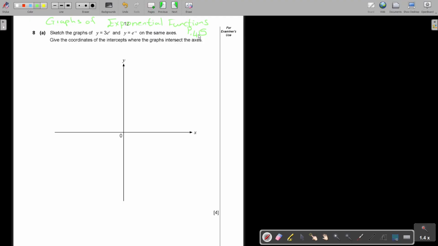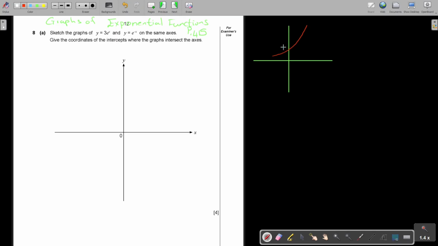There on top is a very nice sketch, and it's looking like this. If I can just show you very quickly. It's going gradually, and it's cutting there at 1.